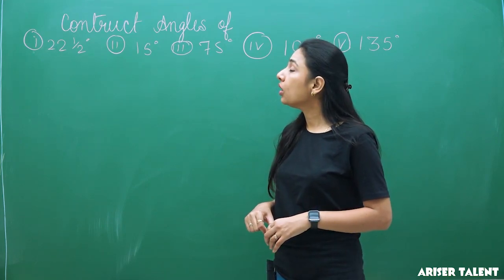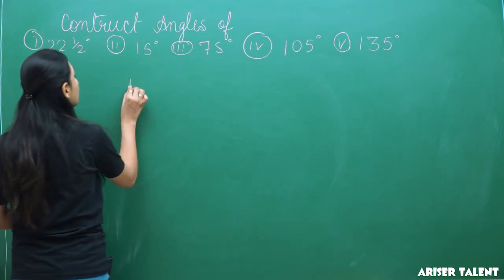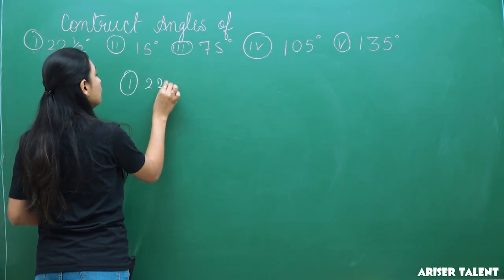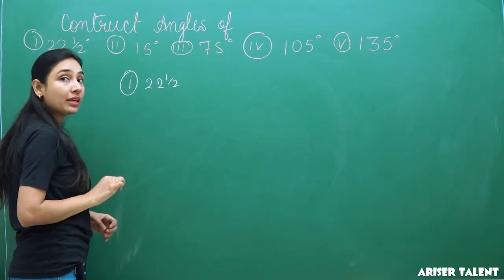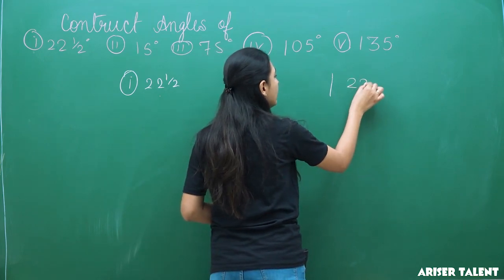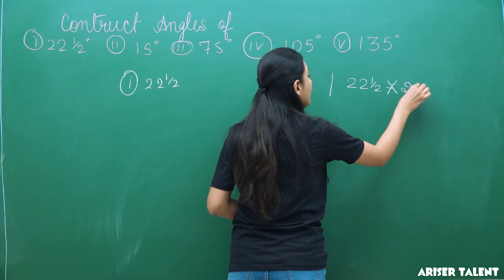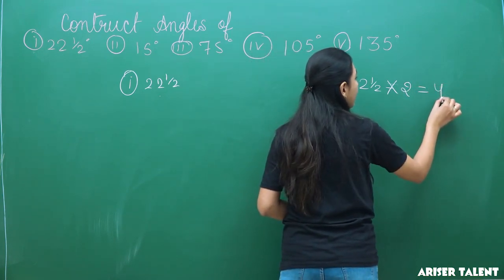Okay, so talking about 22.5, we are taking the very first one, 22.5. Now, as a rough work, 22.5 multiplied by 2 will be equal to 45.